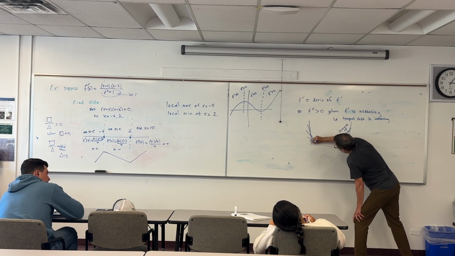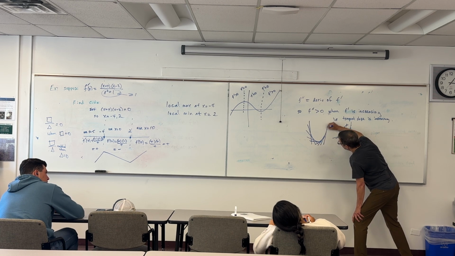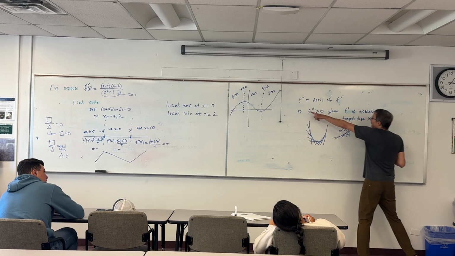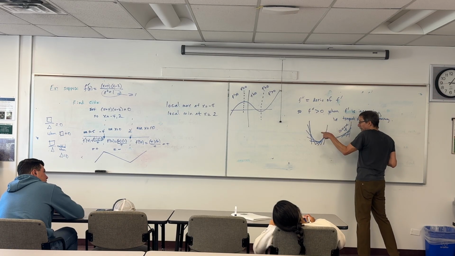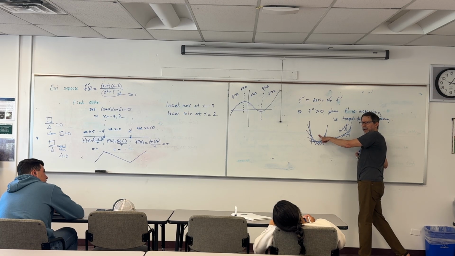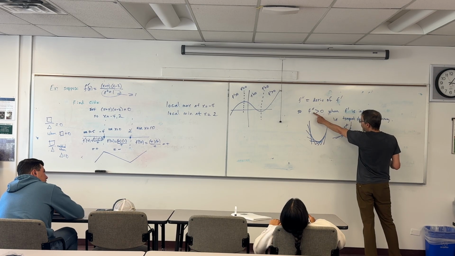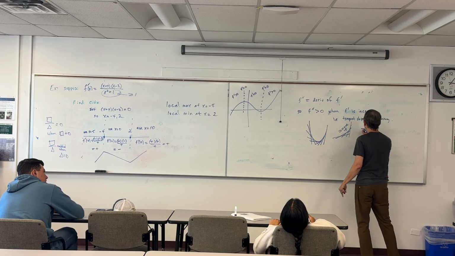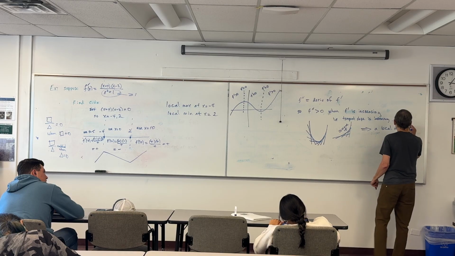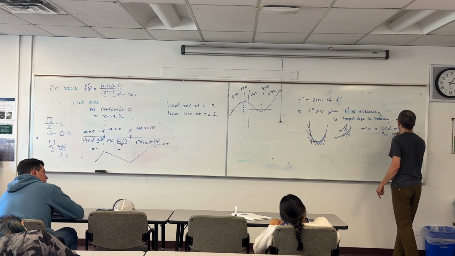Oh, it's 0 for a second, then it becomes positive. So this is what it looks like when f double prime, the second derivative, is positive. When you look like a what? Local what? Local min. So when f double prime is positive, we get a local min at the critical value.